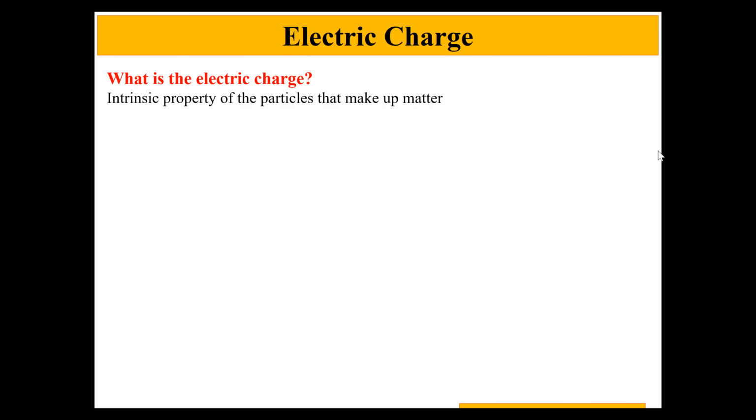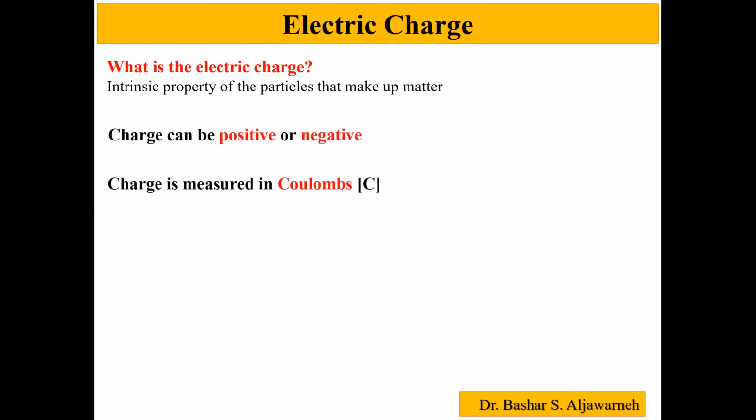Now, the unit of measuring the electric charge is the Coulomb. As an example of the types of the charge are subatomic particles, or the particles that make up the matter.